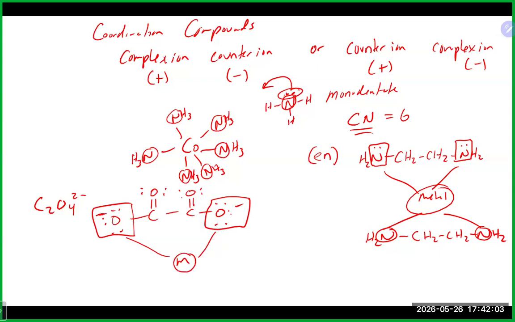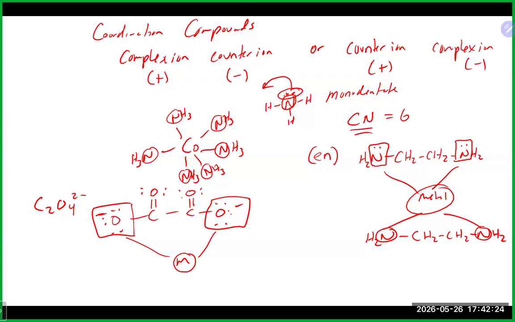So again, you get a 2-for-1 action. There are some that can do 3, for example. We saw one that looks just like this, but with one more NH2 group and a couple more carbons. That's a trien, which can bond in 3 places. There's also EDTA, which can bond in 6 places per molecule.